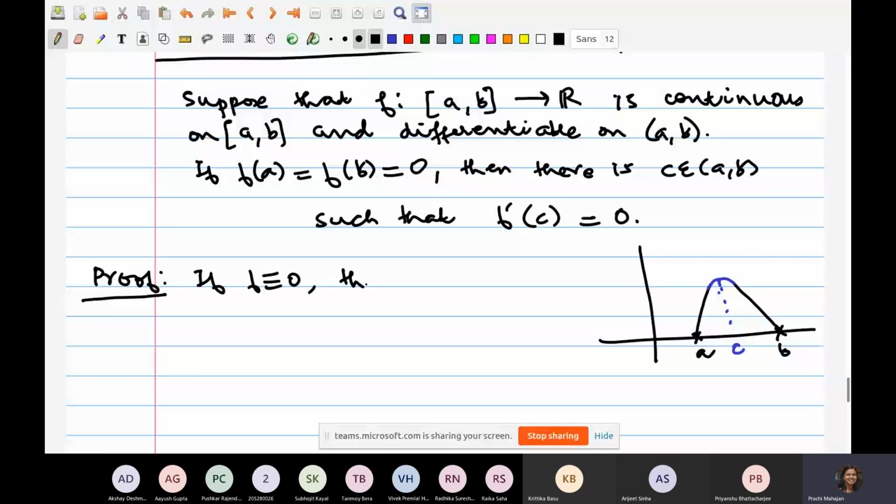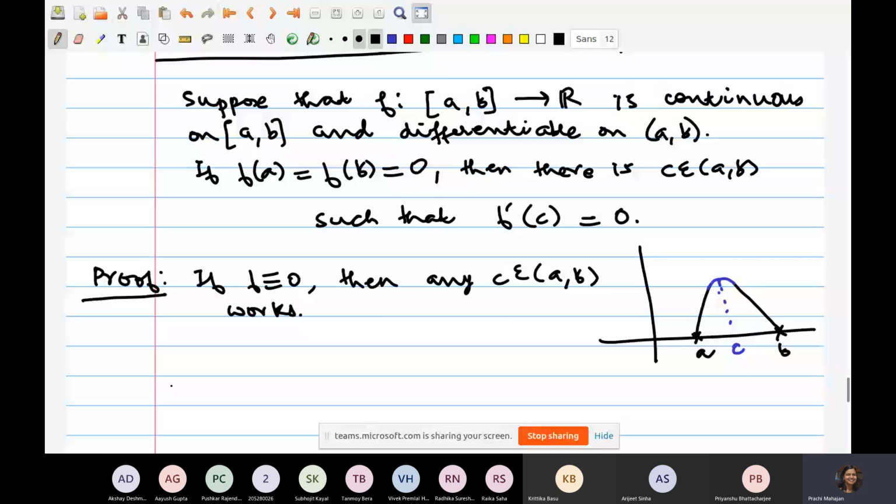Then any point c in the open interval (a, b) would do the job, because the derivative is also identically 0. Let us suppose that f is not identically 0.